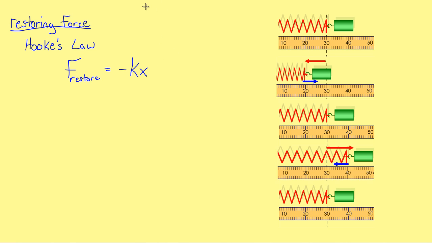So we can calculate the restoring force if we know the spring constant and we know how far it is compressed or stretched. So the red is delta x, or just x, and the blue is F. Okay, so that's the restoring force on a spring.